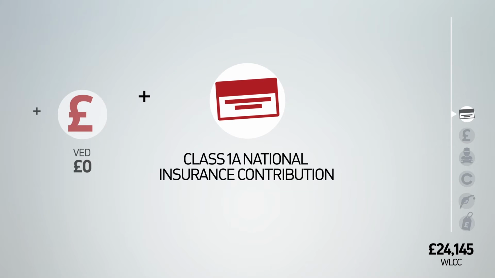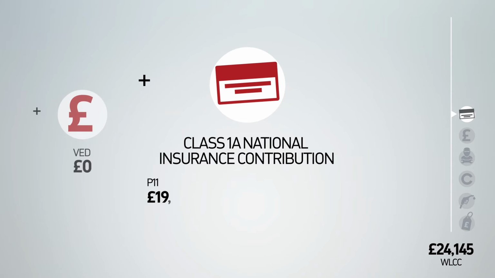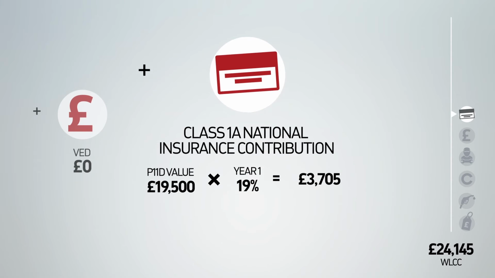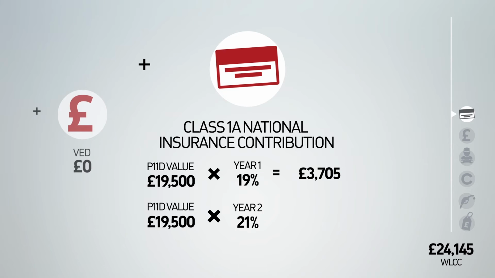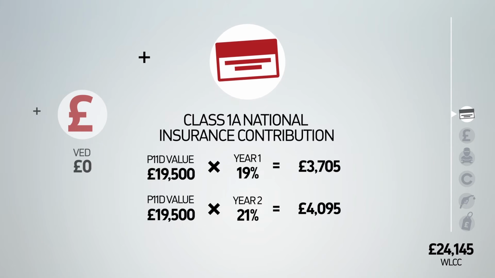Next, add the employer's Class 1A national insurance contribution. This is calculated using the car's P11D value, which is the taxable value of the car. More information on P11D is available in the What is P11D section of our website. The P11D of this example is £19,500. This figure is then multiplied by the benefit in kind tax band percentage for each year of ownership.